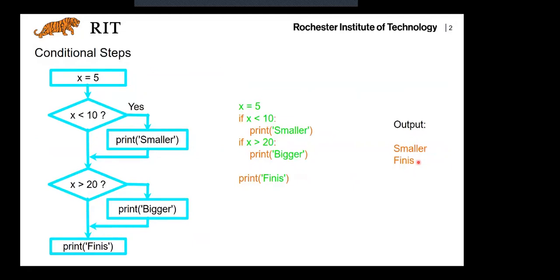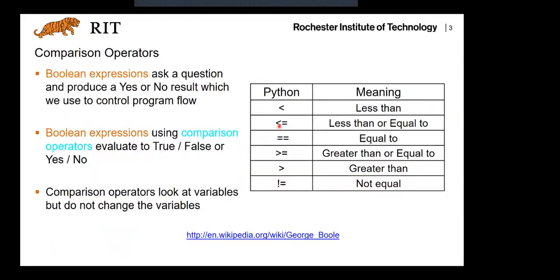As you can see here, there are some operators over here, smaller, right? Actually, there are more such operators. Here we have a table listing out those commonly used operators.